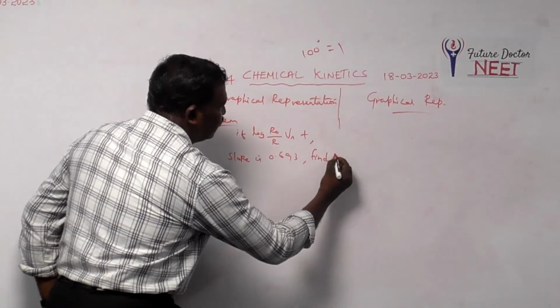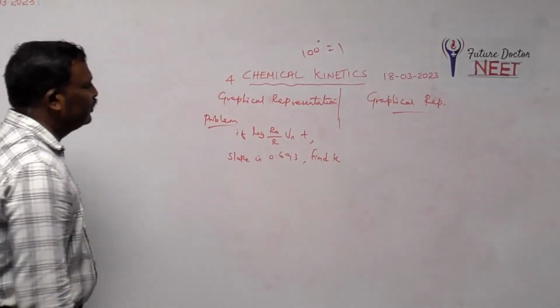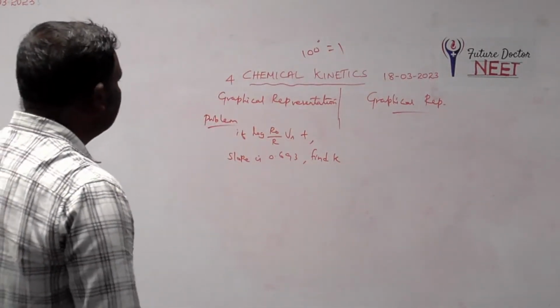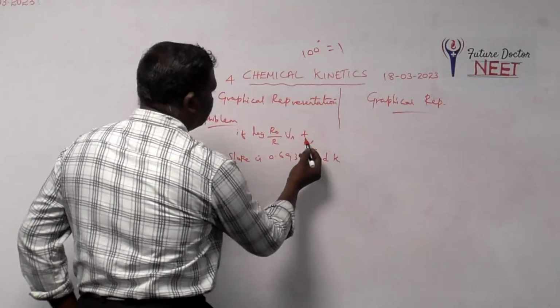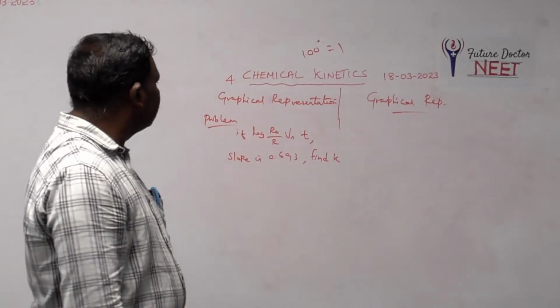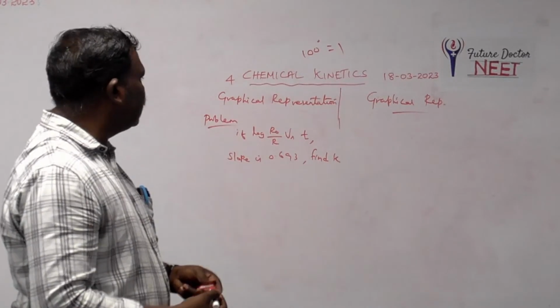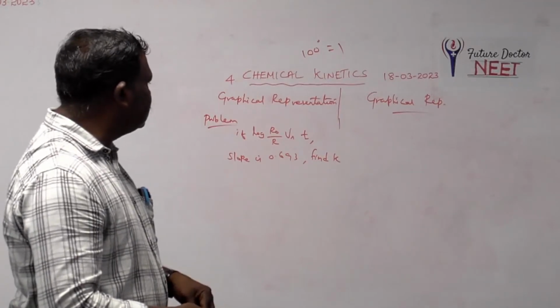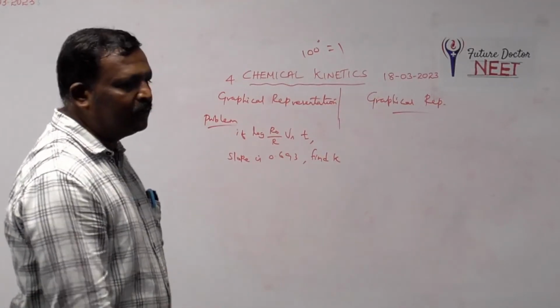Find k. That's all. How to solve? Log r naught by r versus time, slope is 0.693, find k.